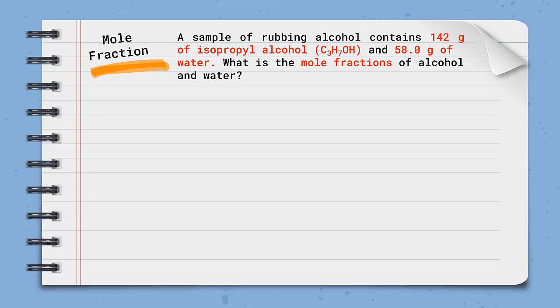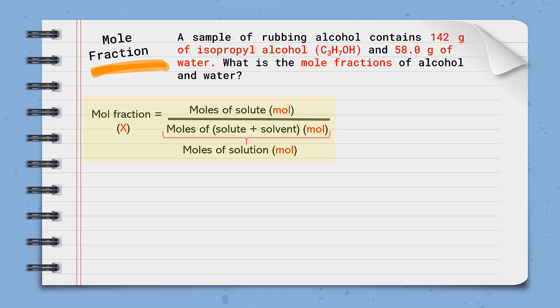Okay, look carefully. What are the mole fractions? Fractions, not just mole fraction. We have an S in here, which means there are going to be more than one mole fraction. So we're going to find the mole fraction of alcohol separately from the mole fraction of water. First things first, you must always write the formula. Again, we need to check the question because they ask for fractions.